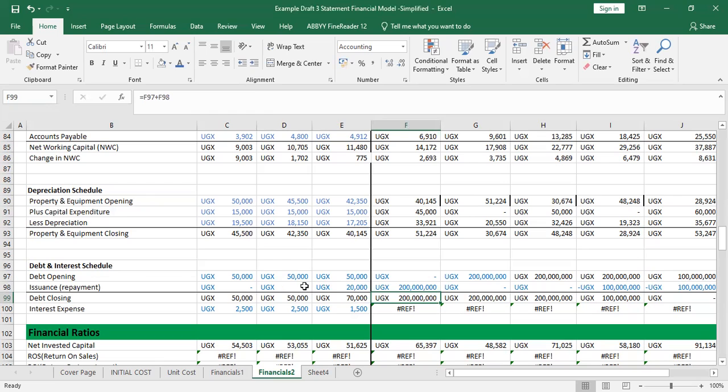So I'll put here 20,000. Here he was paying back. He had a loan of 50, so he was paying back, so you put 20.